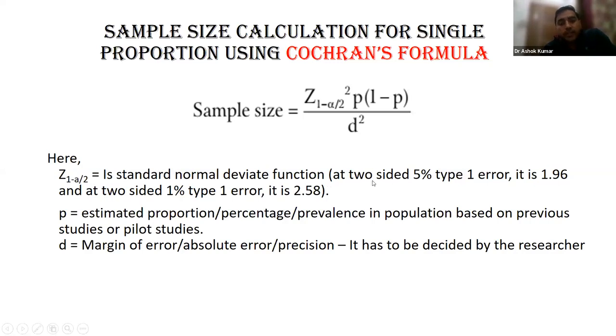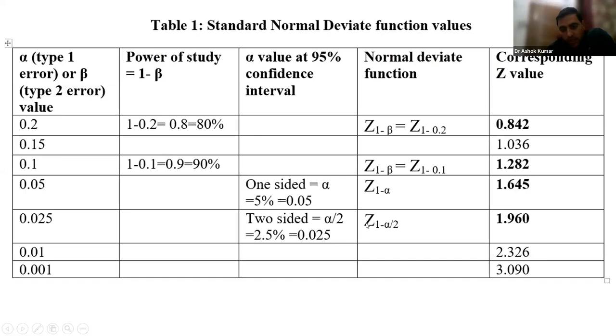We have already discussed two-sided 5% error as alpha. If you take alpha as 5%, then 5 divided by 2 is 2.5%, which is 0.025, and the Z1 minus alpha by 2 value is 1.96. So you have to remember.